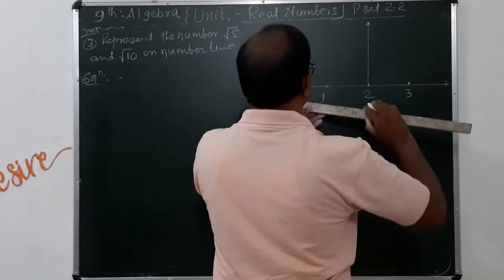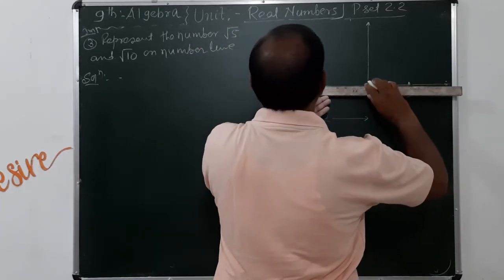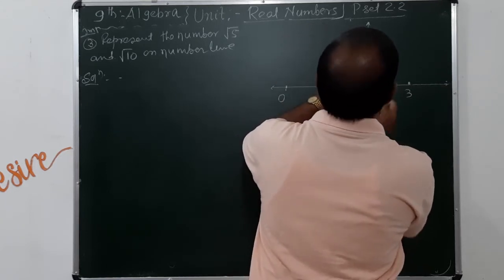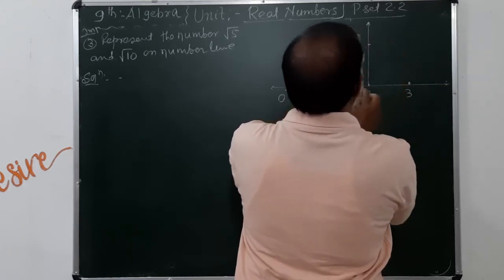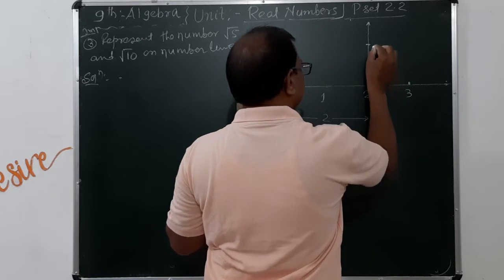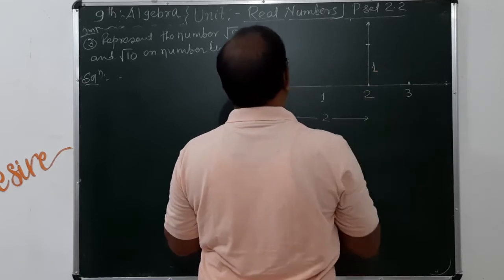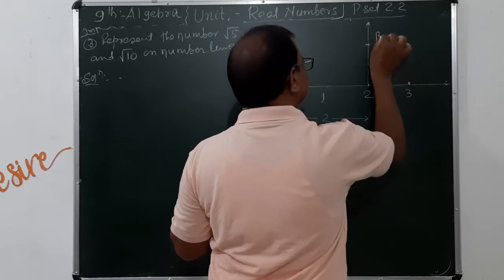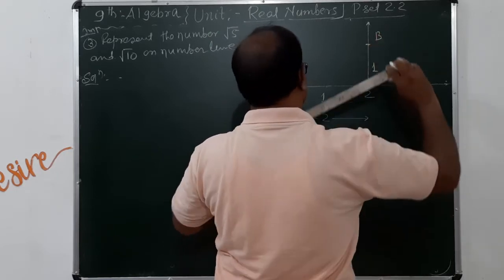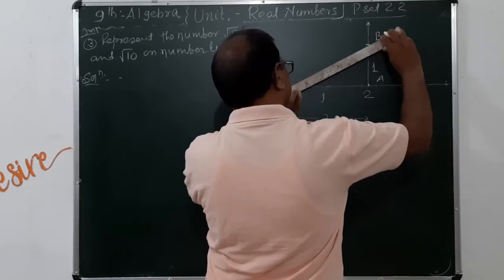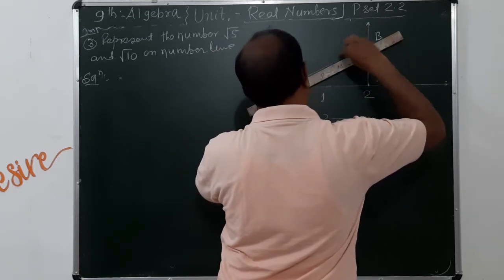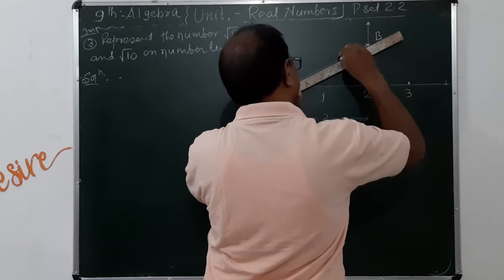I take a distance of 1 unit here. Suppose this is O, this is A, and this is B. I join OB.